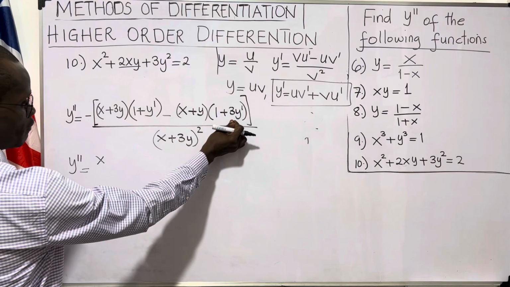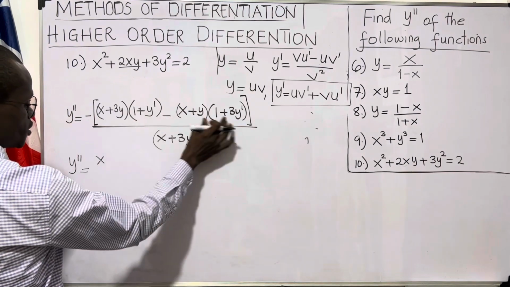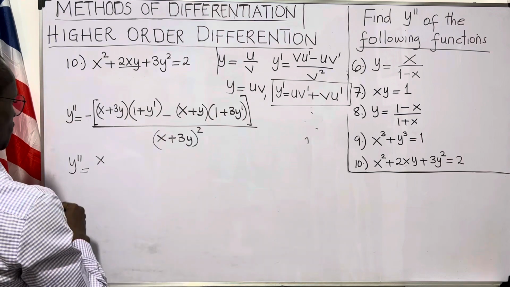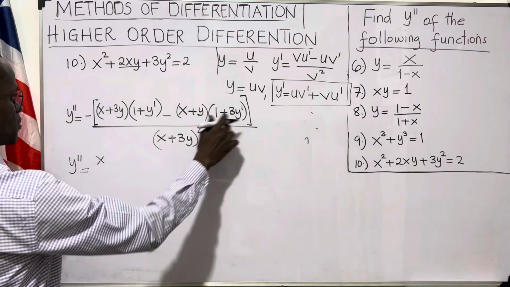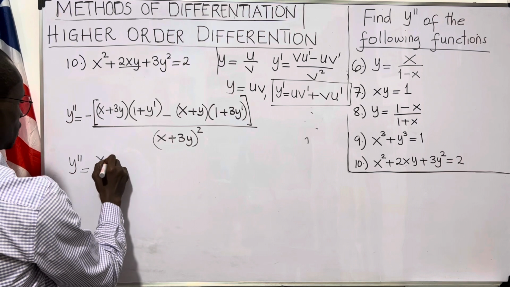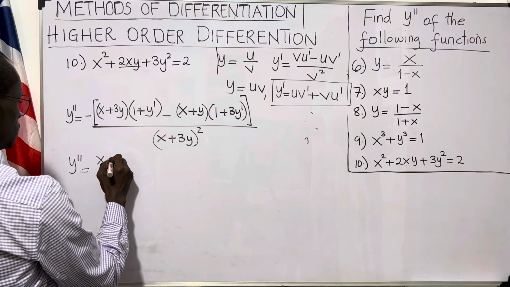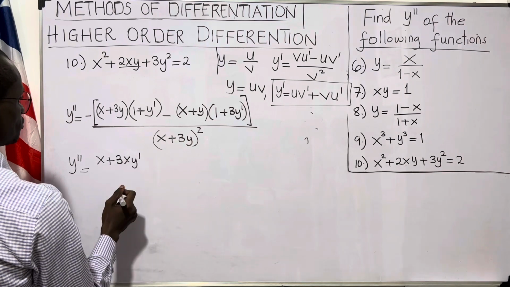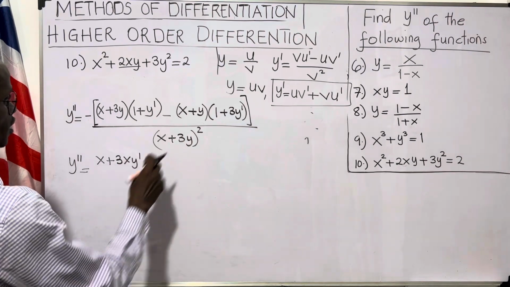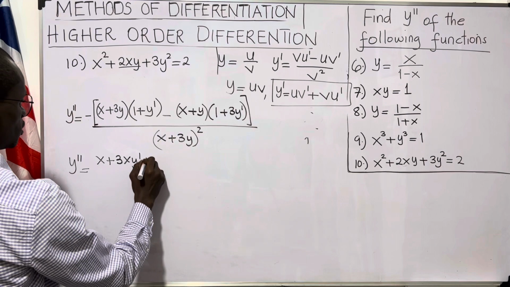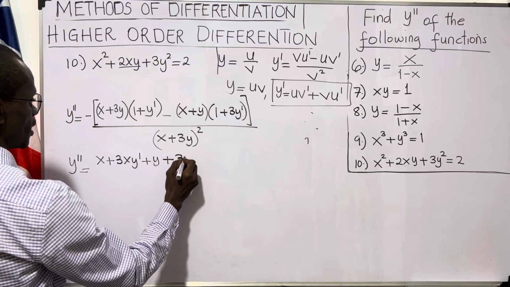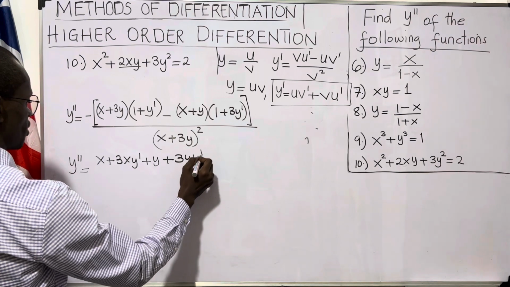I was just looking for a factor that is common to both terms, but there's none. So we can just multiply. So x times 1 is x, and then x times 3y prime is 3xy prime. What's the next one? y times 1 is y, and then y times 3y prime is 3yy prime.